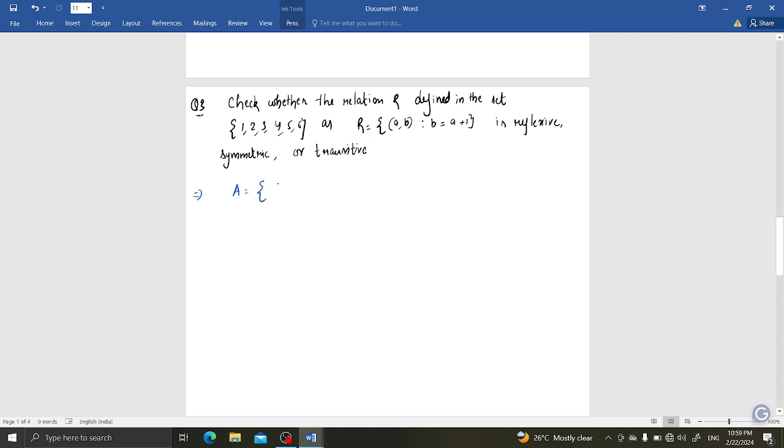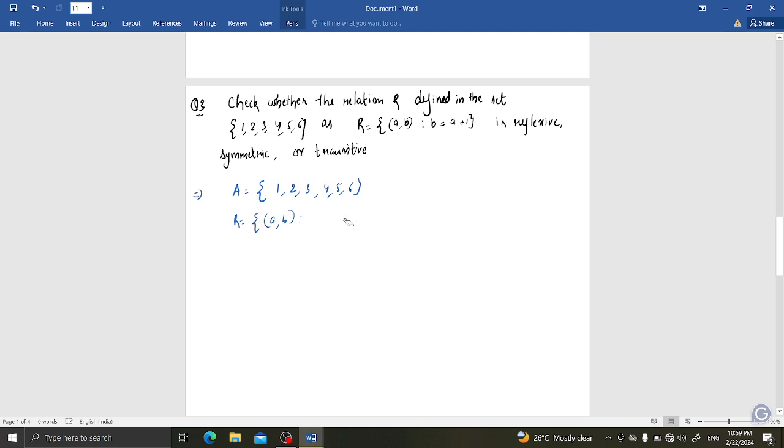Set A is {1, 2, 3, 4, 5, 6}. This is 6 elements in set A. And relation R contains all those ordered pairs for which B equals A plus 1.